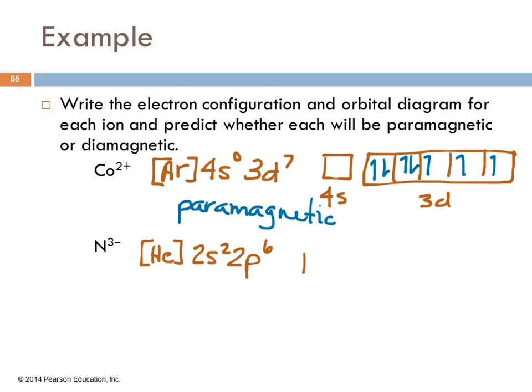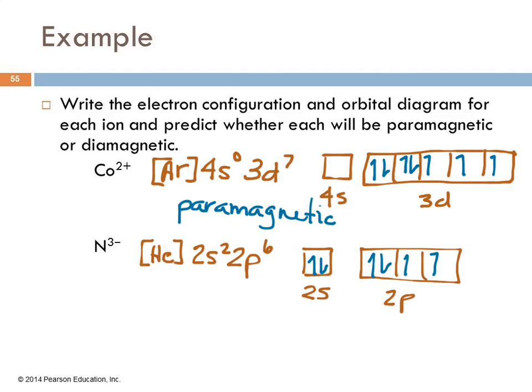And if we draw the orbital diagram for the valence shell, we have 2s and 2p. And then we stick our electrons in there. There's 2 in there, and then 1, 2, 3, 4, 5, 6. Paramagnetic or diamagnetic? Diamagnetic. Everything's paired up in 2s. Diamagnetic.